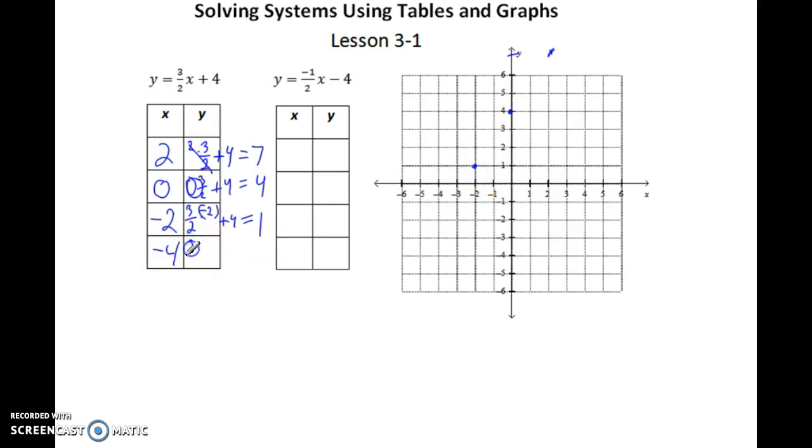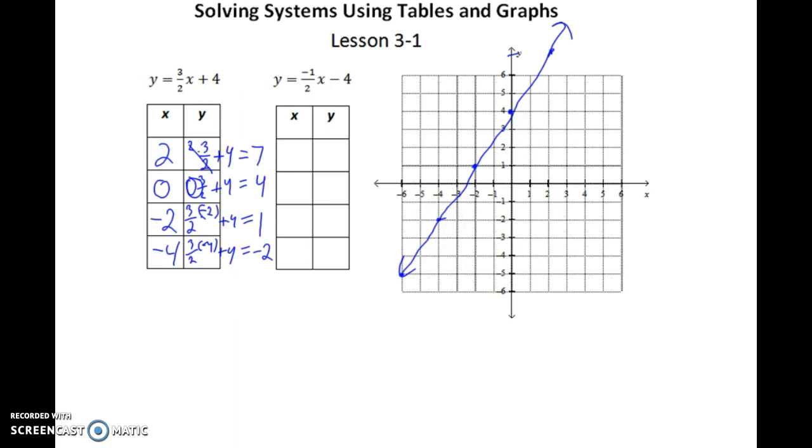And this would be 3 halves times -4 plus 4. That's going to cancel. I'll give you -2 times 3 is -6 plus 4 is -2. So -4, -2 is right there. You can see these points all have the same slope. You can probably plot a few more. Plot that line. Pretty good.